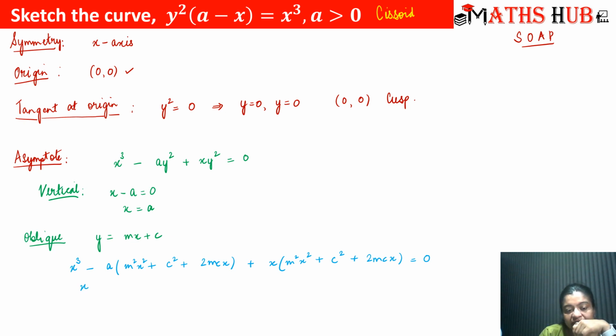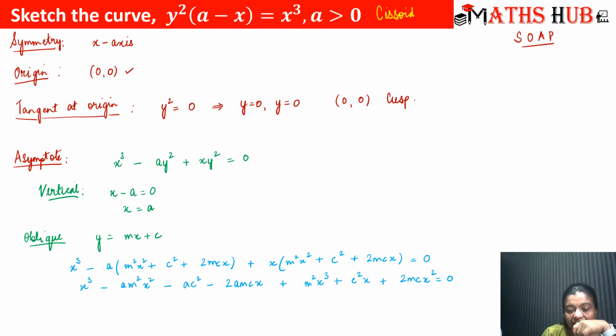Let's rearrange the terms. We will get x cube minus am square x square minus ac square minus 2amcx plus m square x cube plus c square x plus 2mc x square is equal to 0.